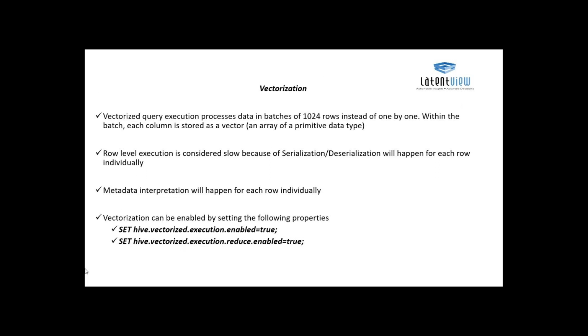What do I mean by vectorization, and what important role does it play? Say for example, I am going to fire a query like select star from so-and-so table where I put a condition. There, a full table scan will happen.